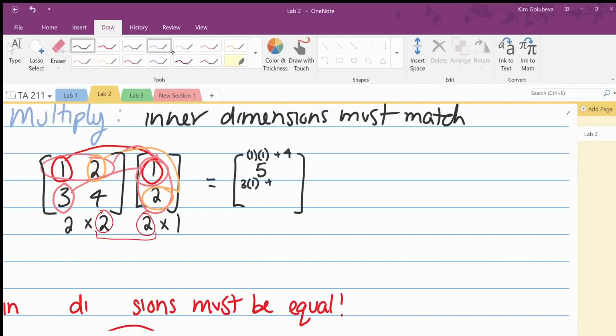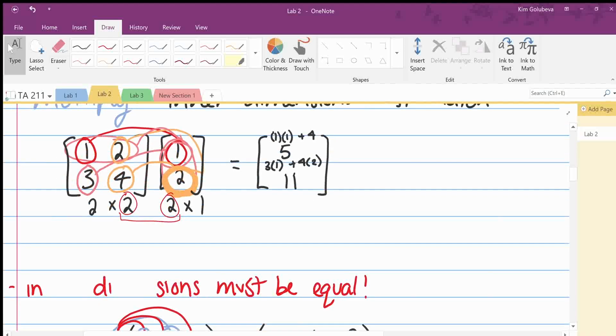And then we're adding the second entry in the second row multiplied by the second entry in the column. And so that's 4 times 2. So we have 8 plus 3. So we have 11. Okay?